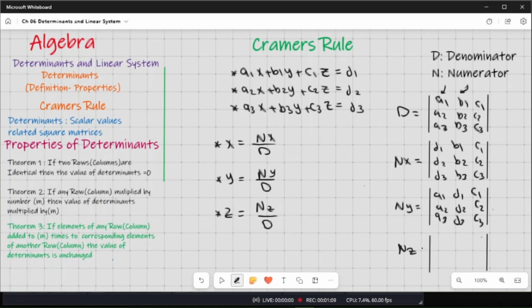Similarly for nz, we have a1, a2, a3, b1, b2, b3, and replace the coefficients of z by the free terms d1, d2, d3.